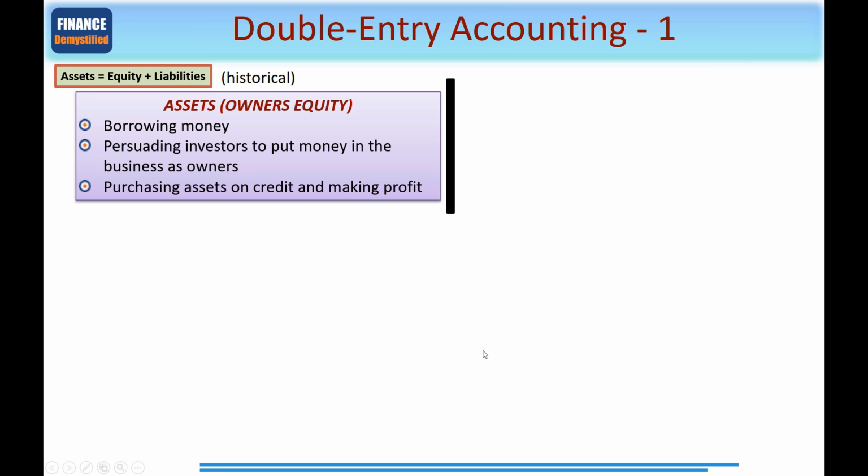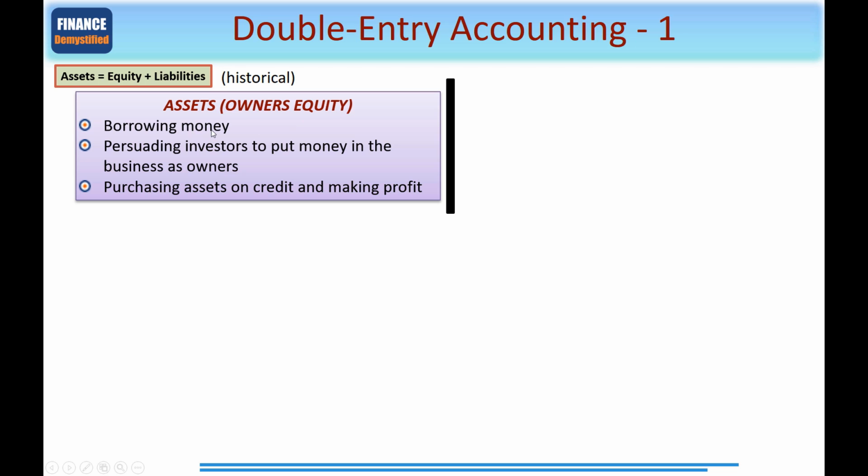So double entry accounting, we'll be looking at this in a lot more detail in future modules, is basically a left-hand side and a right-hand side, hence my big thick black line down the middle. The left-hand side is historical. It's based on what has happened in the past, and it captures the assets, the owner's equity, if you will.